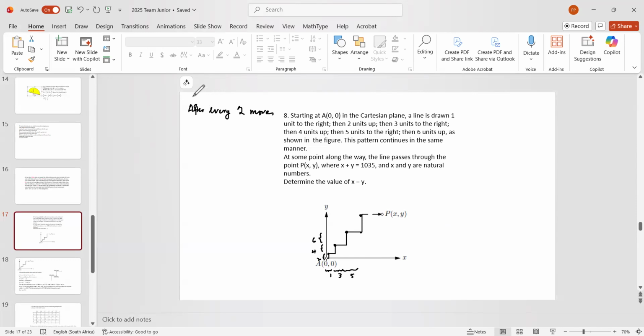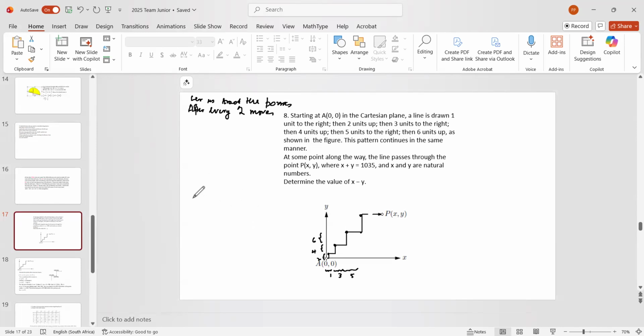okay, we can say, let us track the points. After every 2 moves. By 2 moves, I mean to the right and up. Then we land here, to the right and up. So the dotted ones is what we're going to look at.